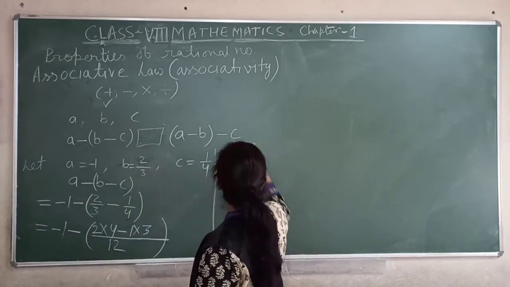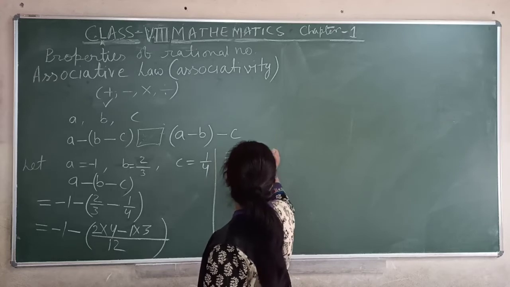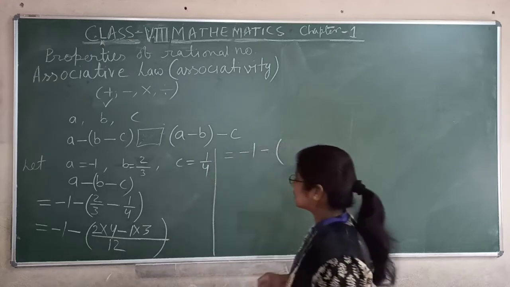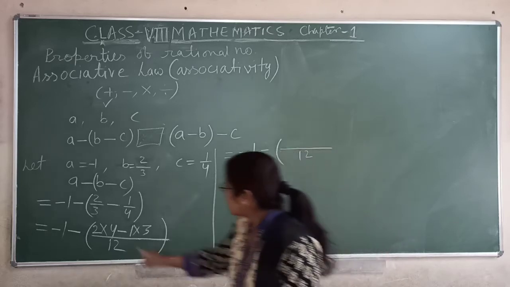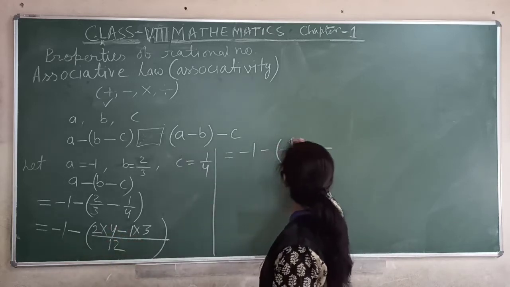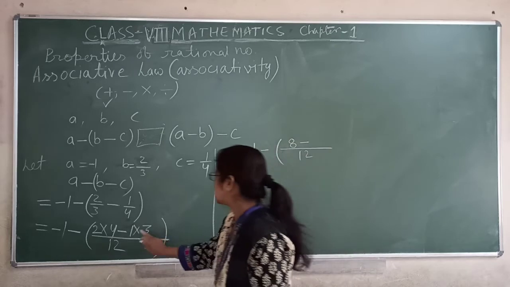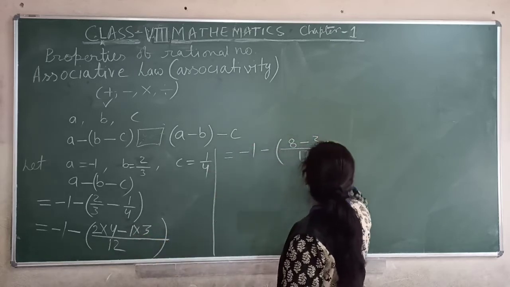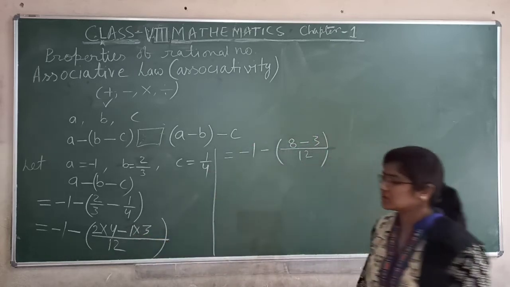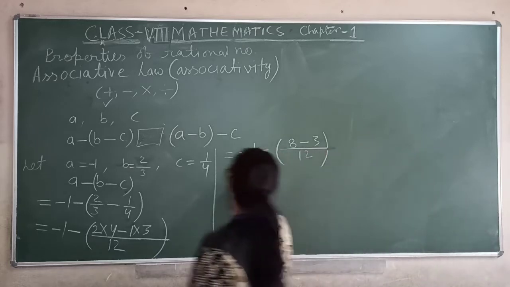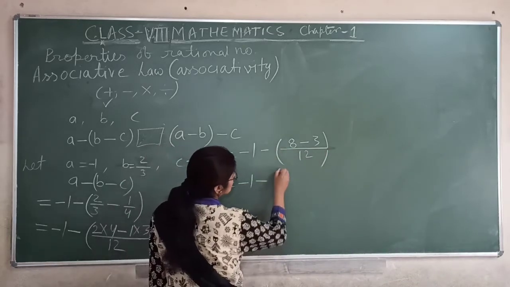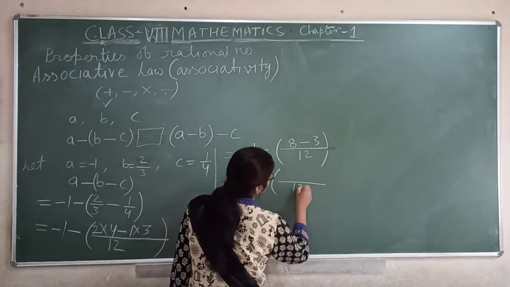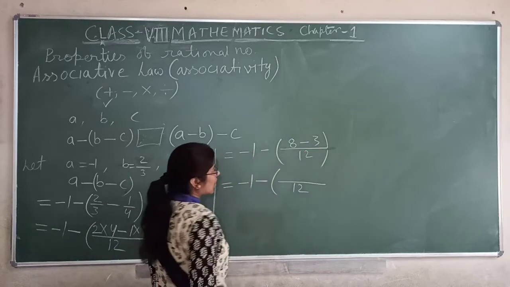Now minus 1, minus within bracket you have 12. 4 into 2 is 8, minus 3, so within bracket we get minus 1 minus within bracket 12. 8 minus 3, how much?